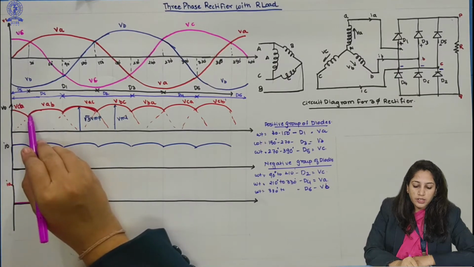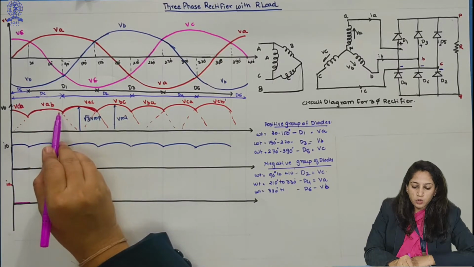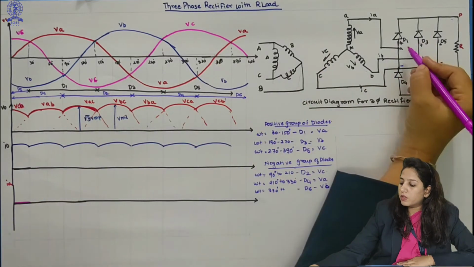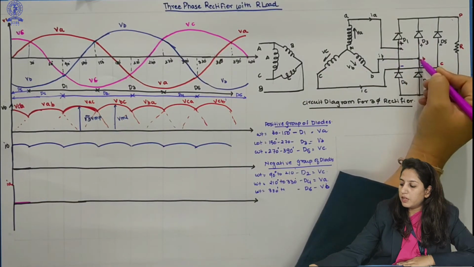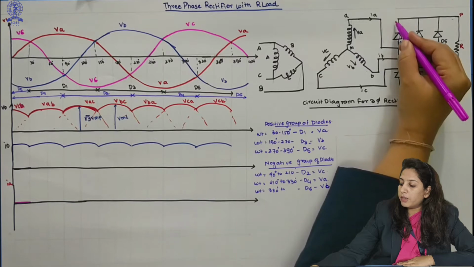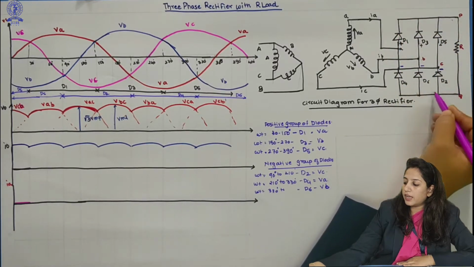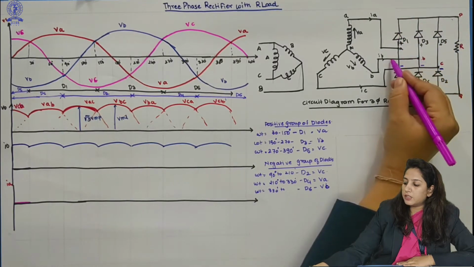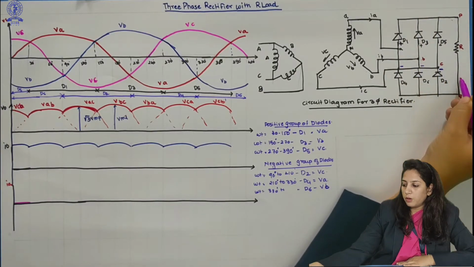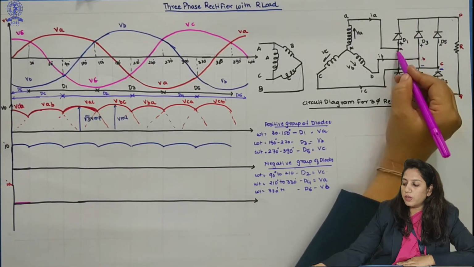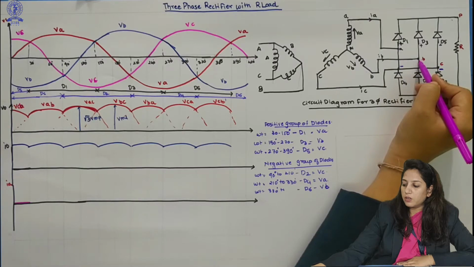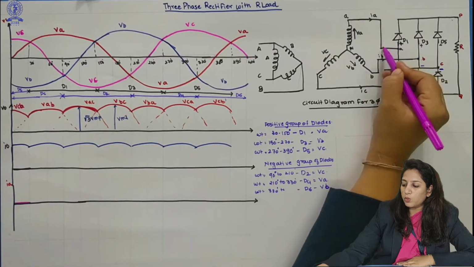Again here the voltage is VAB. VAB means VA and VB. So current will be flowing from D1 in this direction, and then this. So current is flowing in this outward direction.